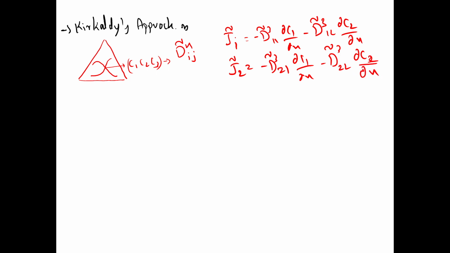One thing you need to know is that to determine these four interdiffusion coefficients, we need to know the values of J1, J2, and the concentration gradients of C1 and C2 at different positions.